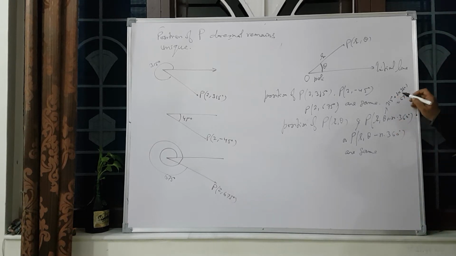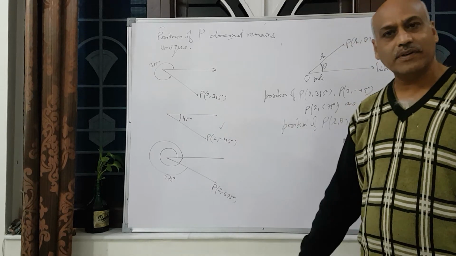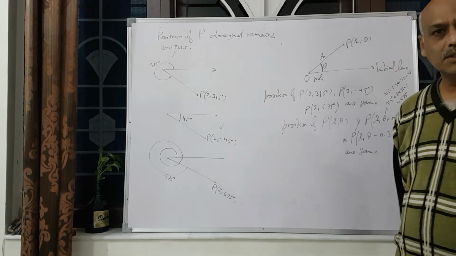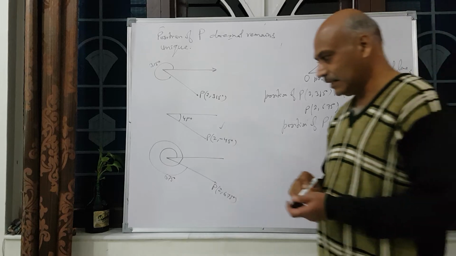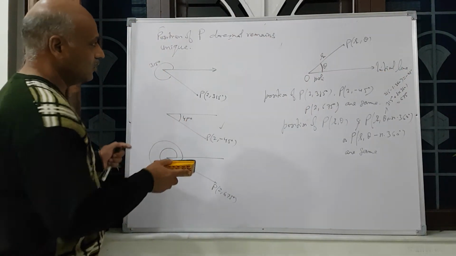So this is 315 minus 1 into 360. This is minus 45. So the position of all are the same. So we can say the position does not remain unique.